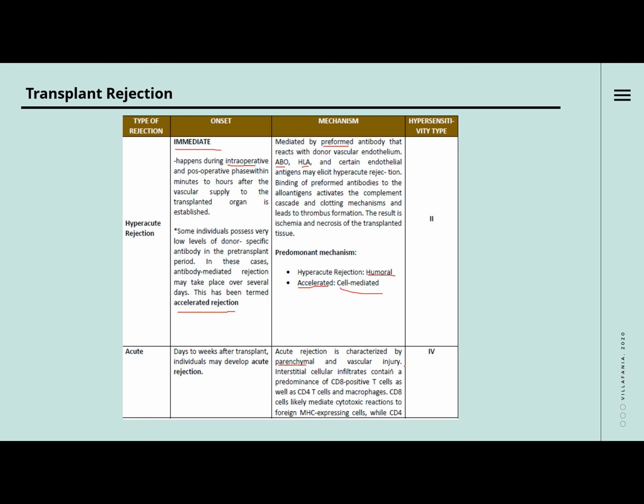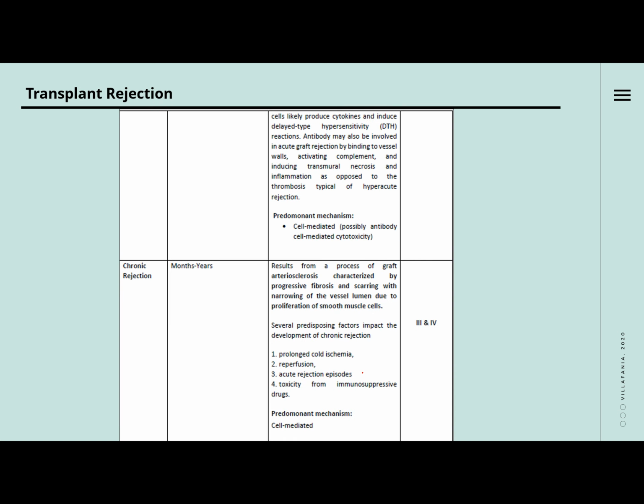Characterized by parenchymal and vascular injury. Interstitial cellular infiltrates contain a predominance of CD8 positive T cells as well as CD4 T cells and macrophages. CD8 cells likely mediate cytotoxic reactions to foreign MHC expressing cells, while CD4 cells likely produce cytokines and induce delayed type hypersensitivity reactions.